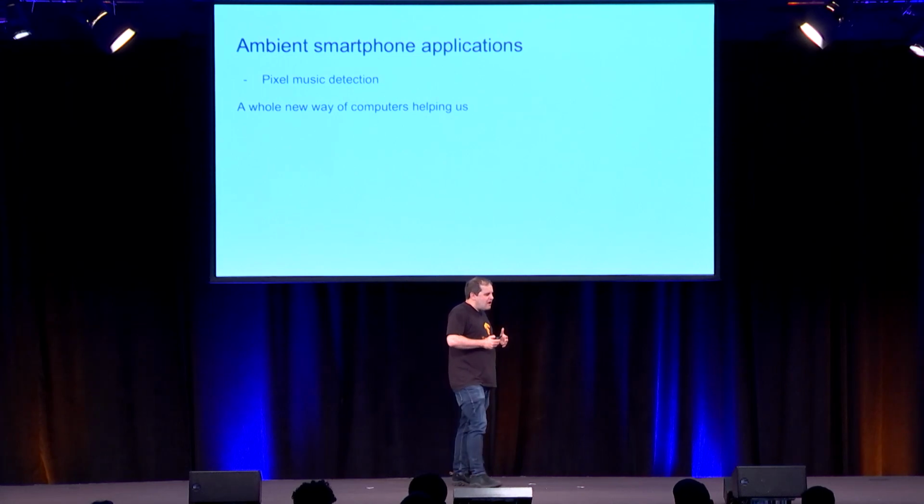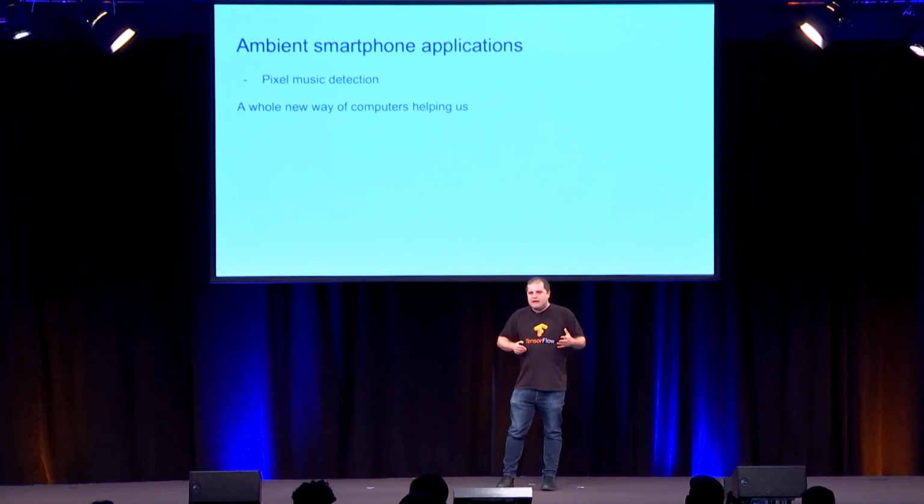And I don't know what all of the applications are going to be, but I think that there's going to be a whole bunch of other useful things that we can actually do using smartphones and using those always-on processors, which are very often sort of Cortex-M style microcontrollers running in just a few milliwatts.